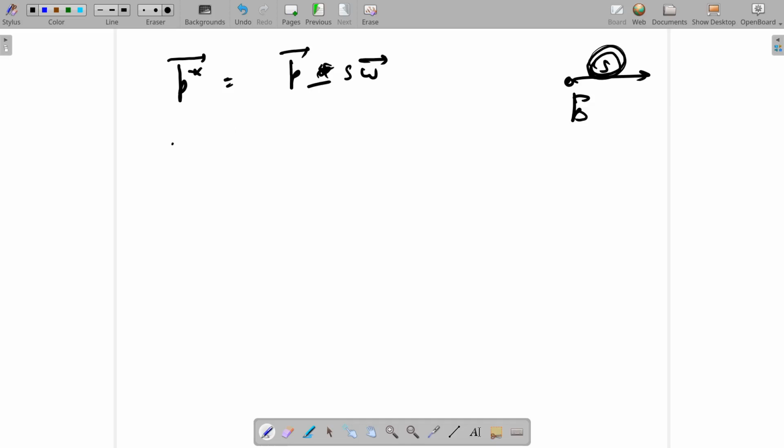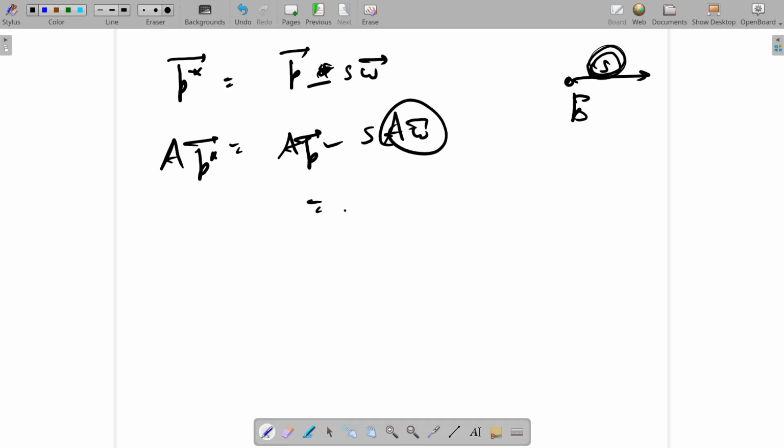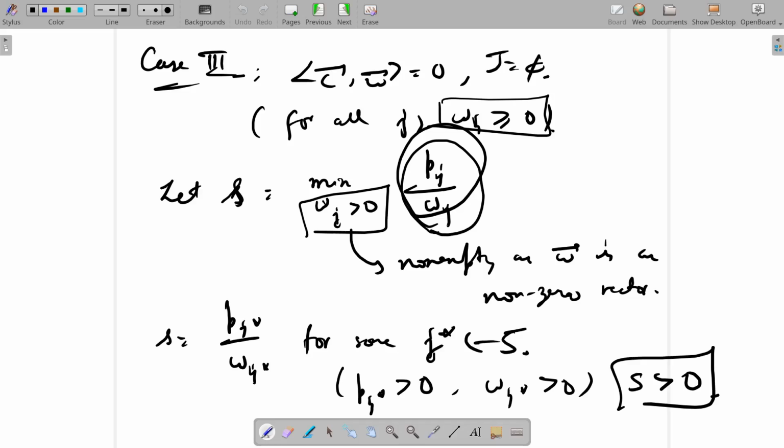Here it is clear that A P star is nothing but AP minus S times AW. This is 0. So it is AP equals B. So clearly P star is satisfying the equality conditions. And Pj star is equal to Pj minus S Wj. And we had that Wj is bigger than or equal to 0.